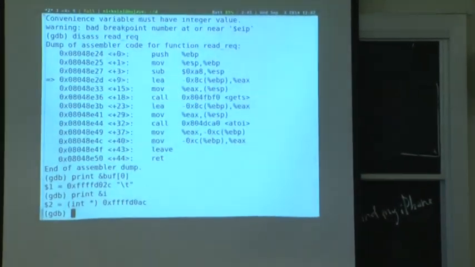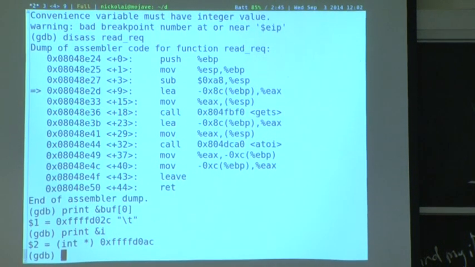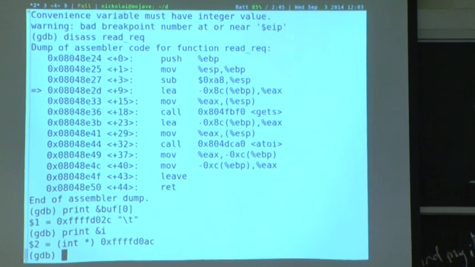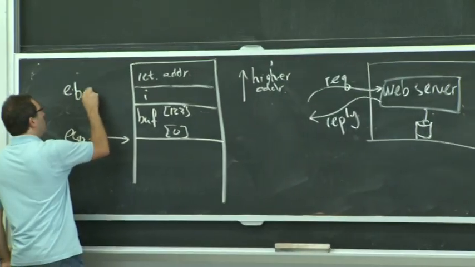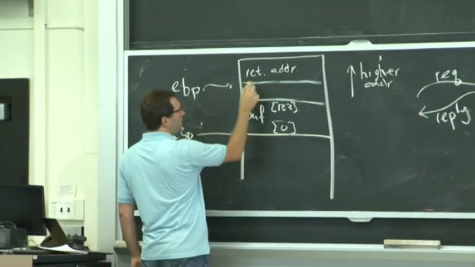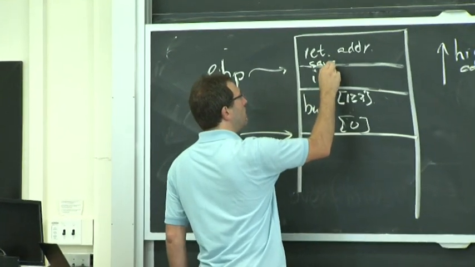So I guess one thing we can do before this is to see whether we can find this return address. Where it happens to live is at the EBP pointer. This is just a convenient thing in the x86 calling convention that the EBP register happens to point to something on the stack which is called the saved EBP.